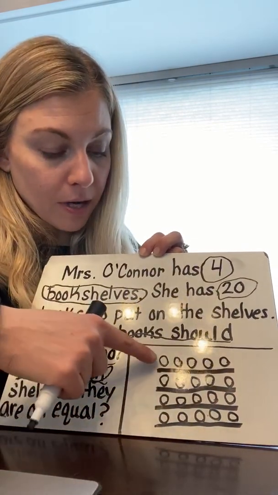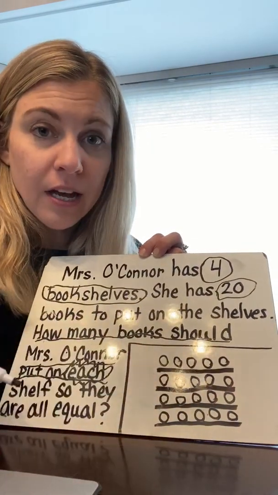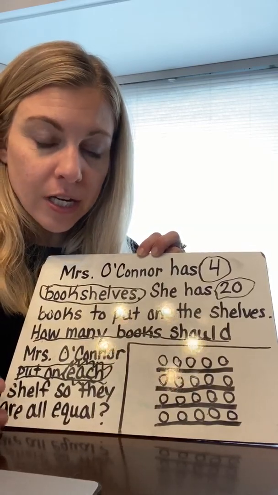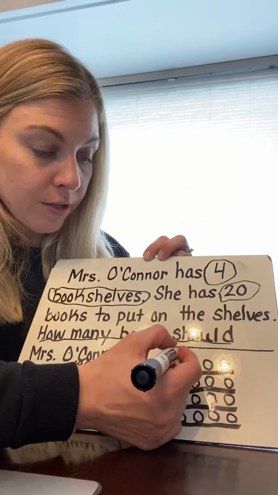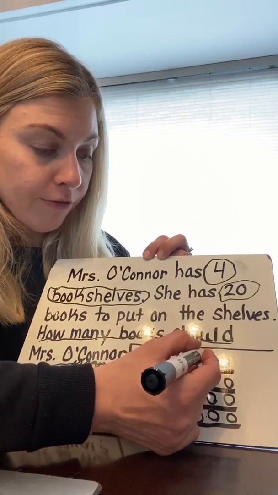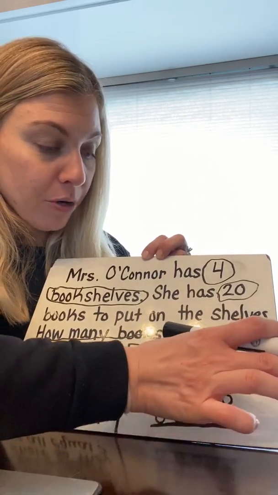There's all 20 of my books, 5, 10, 15, 20. So to answer my question, each shelf has 1, 2, 3, 4, 5 books on it.